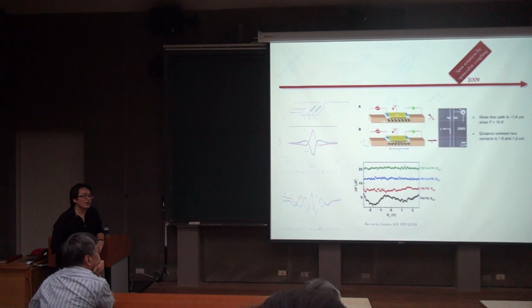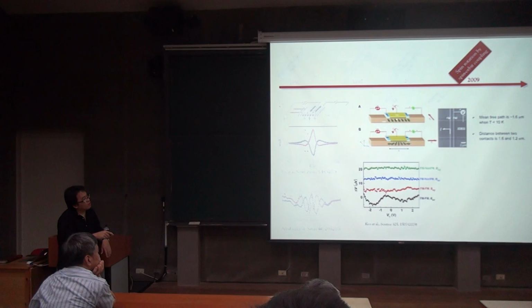In 2009, about 5 years ago, there was a quite important one, published in Science. People used the gate, not the magnetic field. You actually use the Rashba effect, which means you use the electric field to control the spin rotation. In a similar device, you have a ferromagnet here, another ferromagnet, and a gate on top.